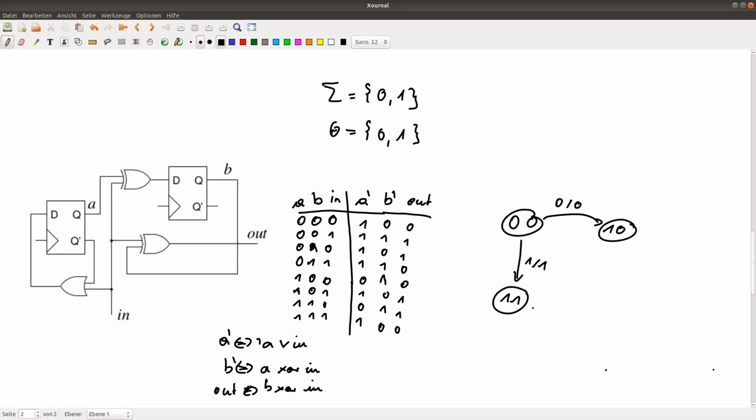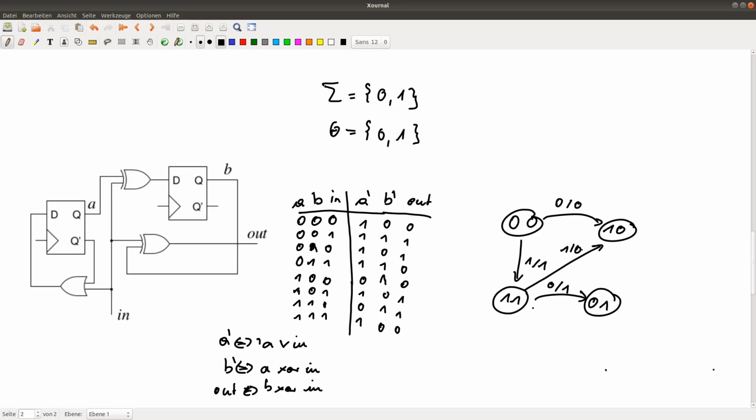If we are in state, let's proceed with state 1, 1. If we are in state 1, 1 and read a 0, then we go to state 0, 1 and write a 1. And if we are in state 1, 1, read a 1, then we go to state 1, 0 and write a 0.